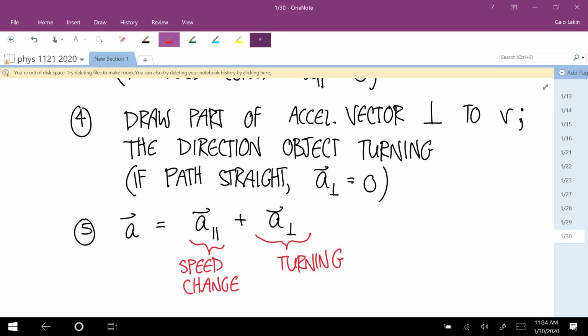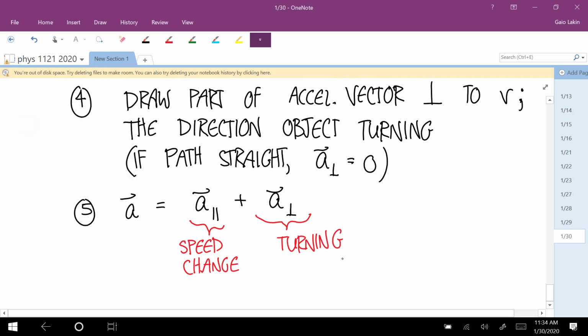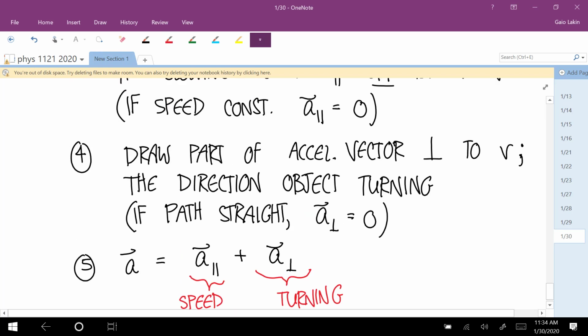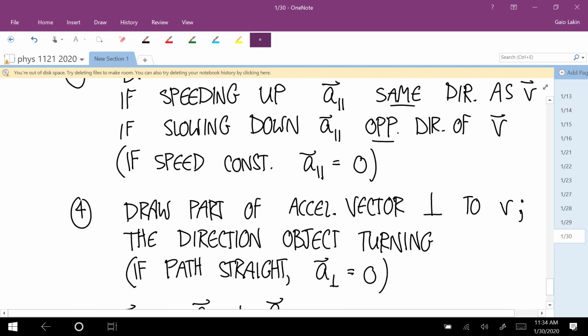This is the only one that exists in 1D, because everything's parallel to everything if you're moving along a line. And then this is the new one that deals with moving off of that line. Anybody have any questions about that? I'll do an example to show you how this works.